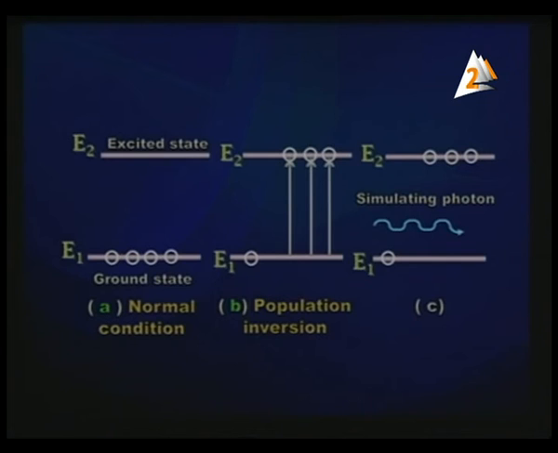Then the stimulating photon acts. What happens when a stimulating photon passes by an atom in the population inversion situation? It stimulates more atoms to make a transition from E2 to E1.